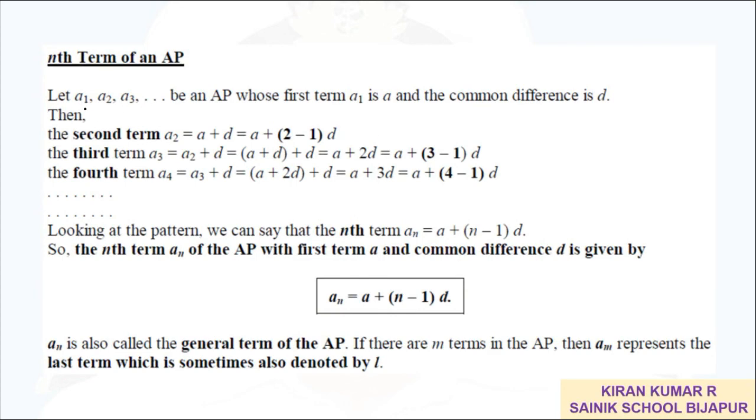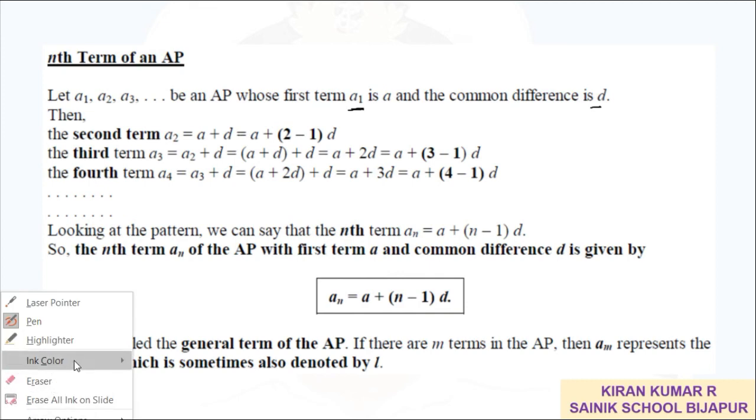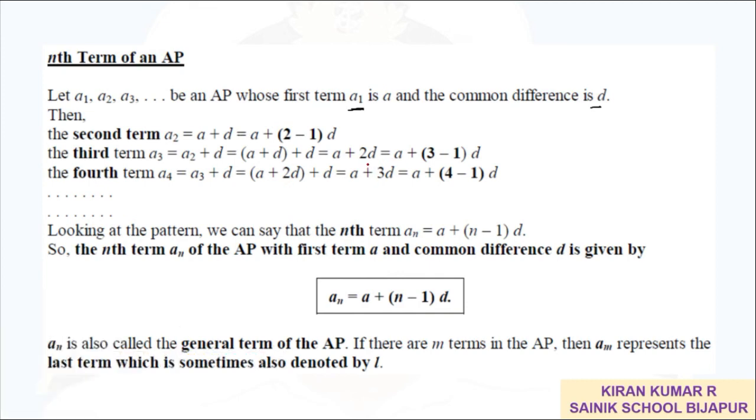Let me consider A1, A2, A3 and so on as an AP, where the first term is A1 and the common difference is D. Then the second term A2 is given by A plus D, which is the same as A plus (2 minus 1) times D. The third term is A plus 2D, which is A plus (3 minus 1) times D. The fourth term is A plus 3D, which is A plus (4 minus 1) times D.